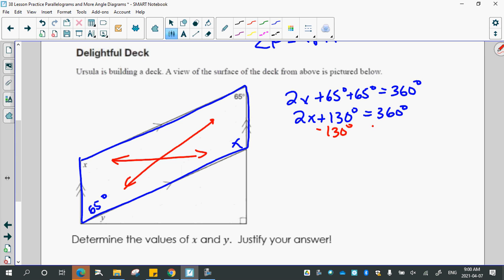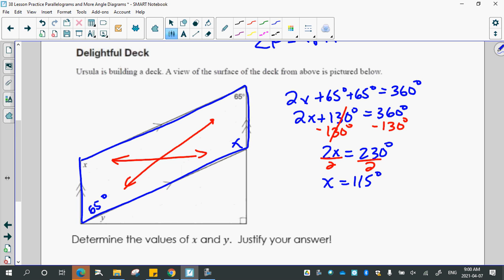And then solve for x. Divide by 2, and you get x is 115 degrees.